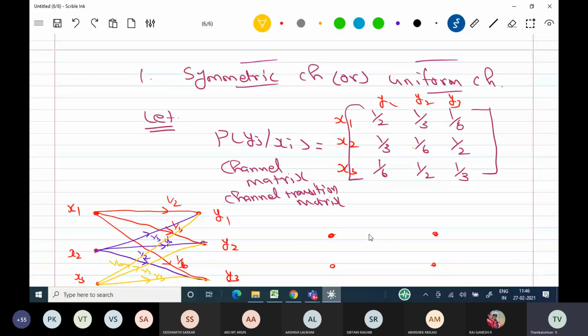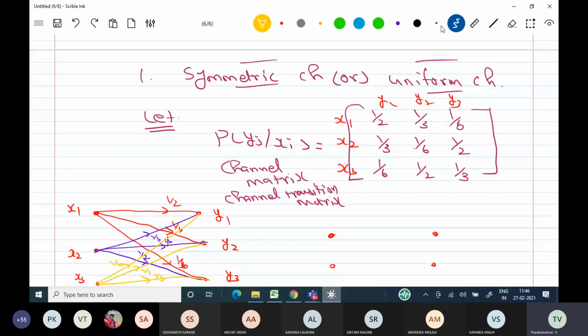What is the similarity between any two rows? The values are the same, only the order is different. Yes, very good.